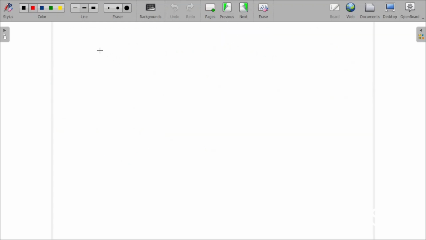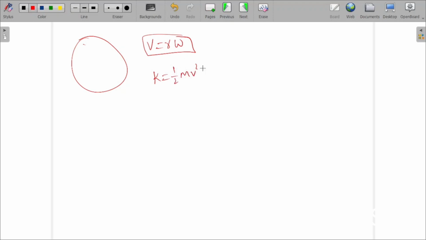Let's see some points regarding this. The object is moving in a circular path, so the particles have some linear velocity, they are at a distance, and they move with angular velocity, v = rω. When it is in a straight line, the kinetic energy is ½mv².